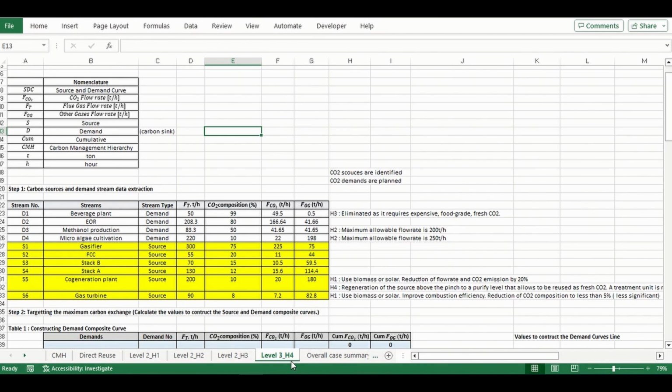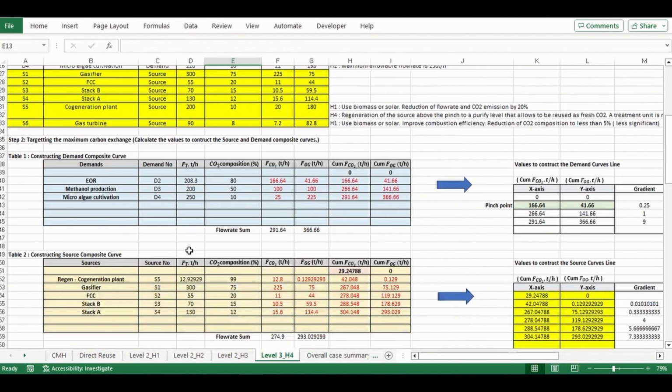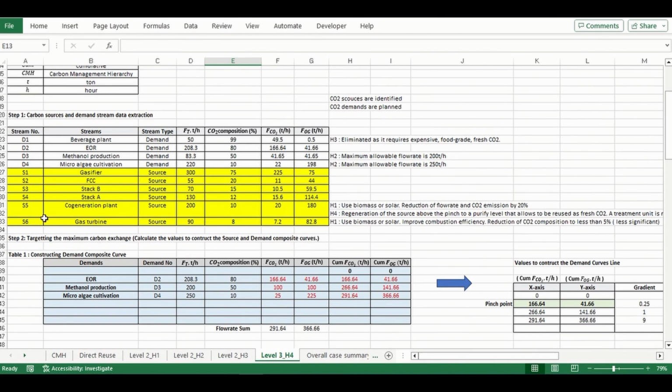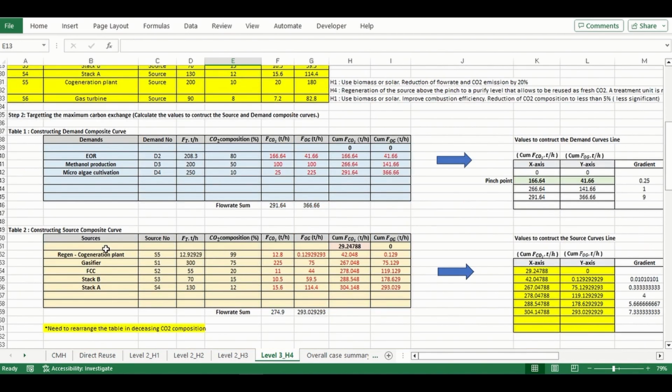level 3 H4, which is to use regeneration or reuse, where it regenerates the source stream across the pinch to achieve a purity higher than the pinch purity. In this case, we're gonna use source S5 to increase the purity above 99%, and by increasing the percentage, we can see in the table that the cogeneration plant is at the topmost because that's the highest CO2 composition.